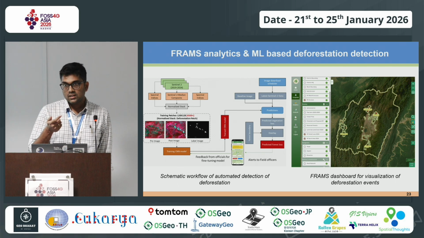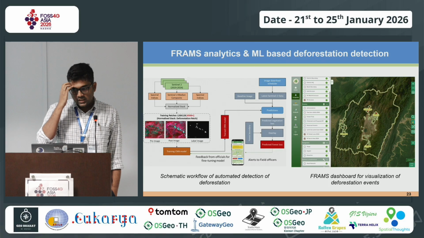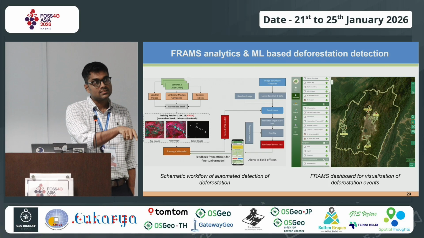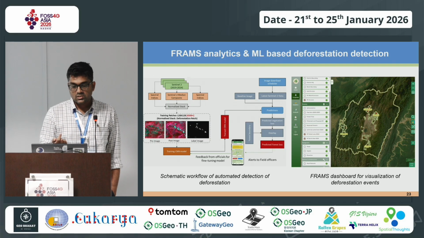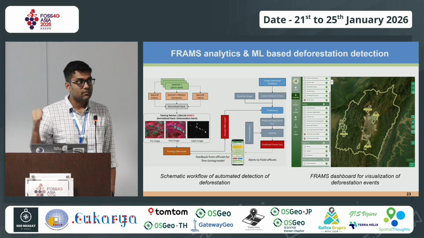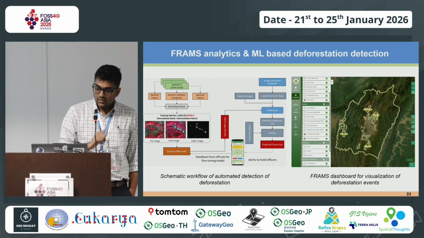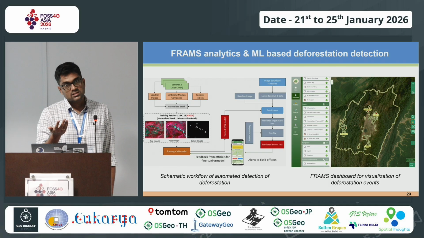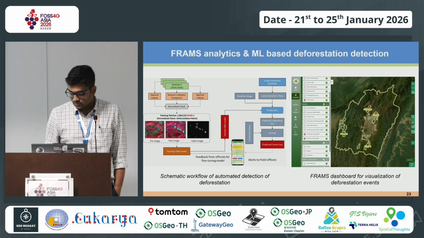The moment you have detected that deforestation is happening, you will be able to send that information to the ground level to the particular district forest officer, and that district forest officer will be able to go there and validate whether the model prediction is right or not. Once, if the model prediction is right, it reinforces the model. If it is wrong, we take it as a feedback and correct the model.